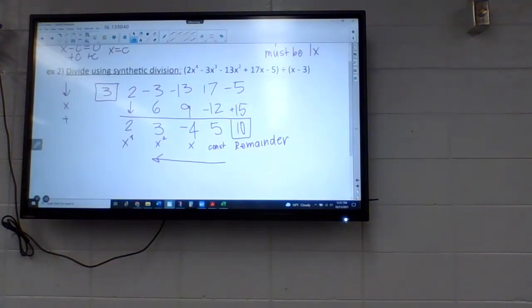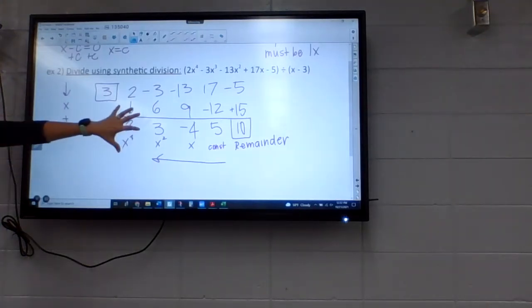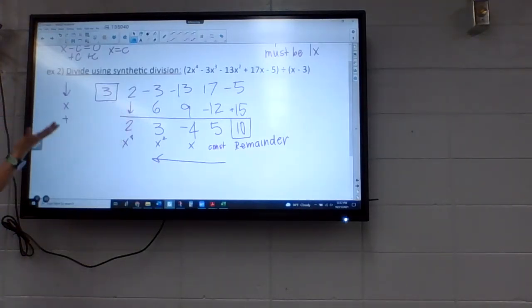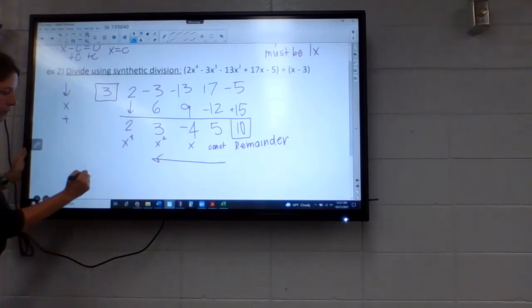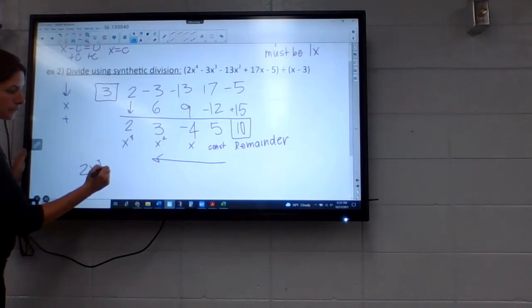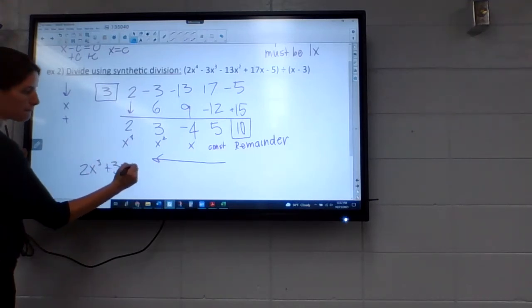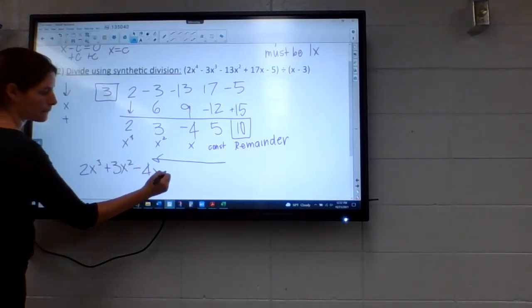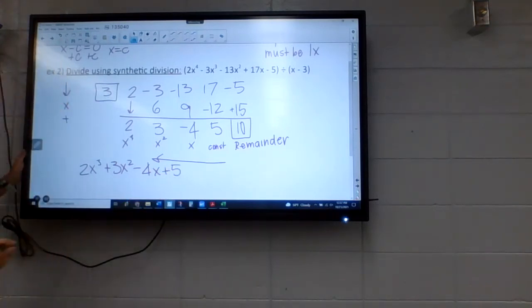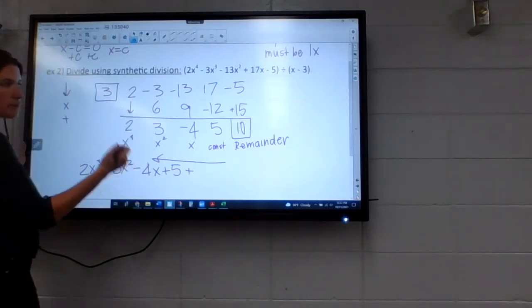You could also be a little logical about it. If I'm dividing x to the 4th by x, I know my degree is going to be 3. So just being aware of that. So my solution when I do this, this is our polynomial when I divide them, and then for the remainder, you can write remainder 10.